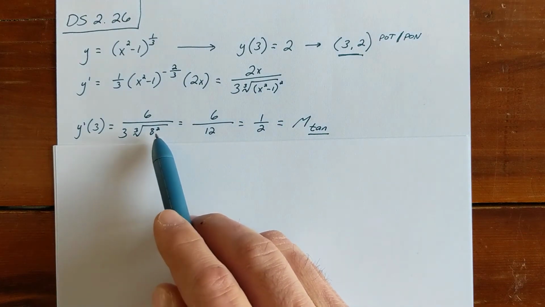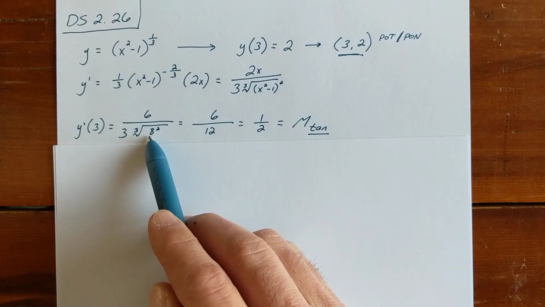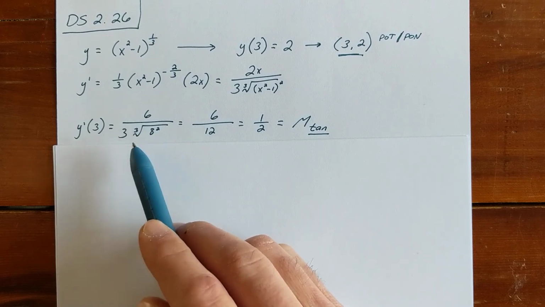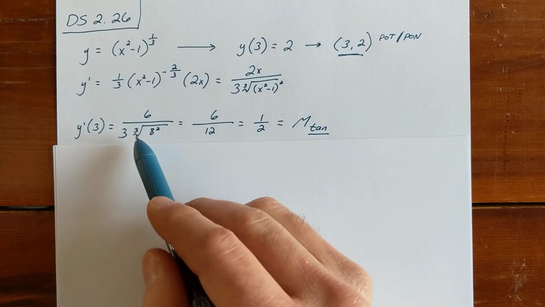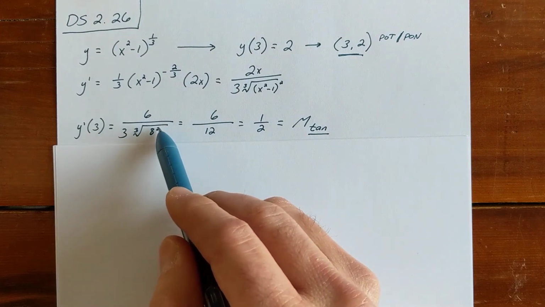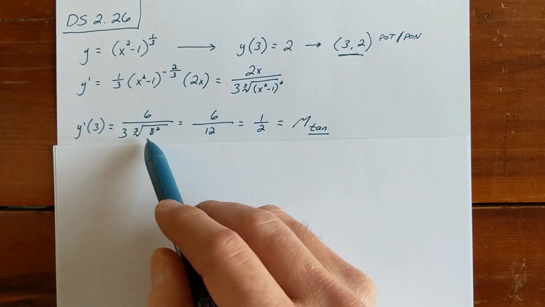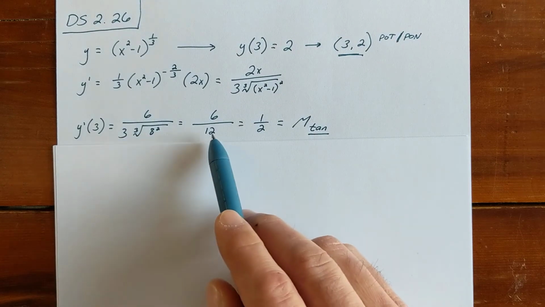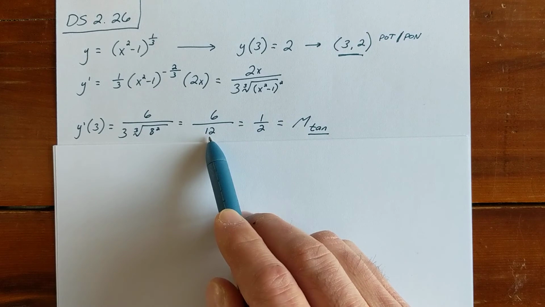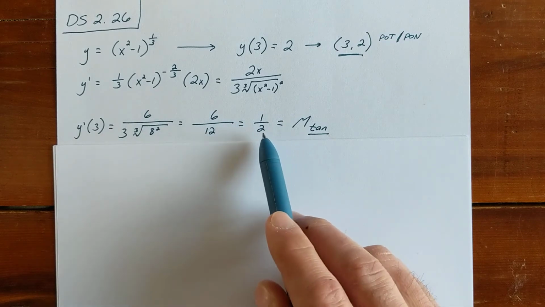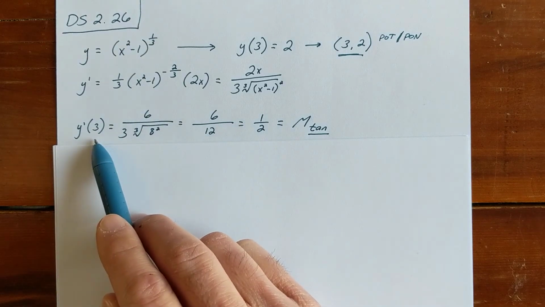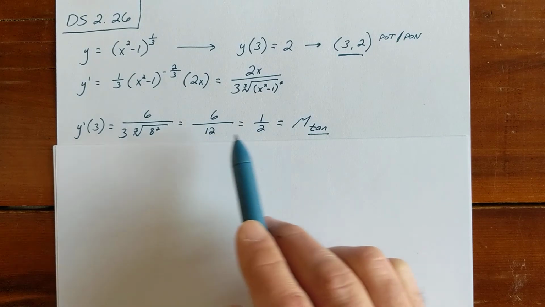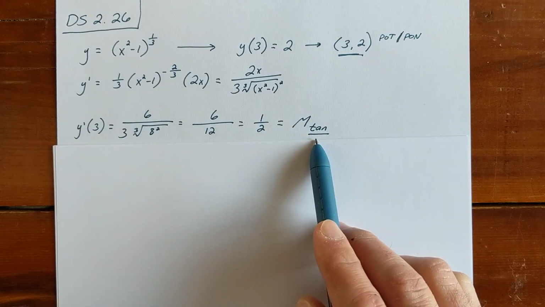Now remember, you could either do 8 squared to get 64 and then take the cube root of that, or you could do the cube root of 8 and then square that result. Either way, you're going to end up with 4 for that result, times the 3 is going to give you a 12 down on the bottom. The 6 over 12 means that 1/2 is what we got for y prime of 3, and y prime is going to get you the slope of your tangent.